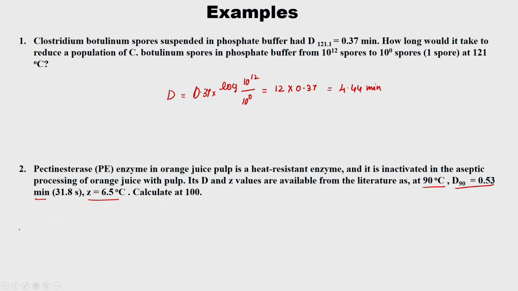Yesterday, in one of the problems, we used the formula log D upon D naught, which is equivalent to T minus T naught upon Z. So, this gives me D equal to D naught 10 to the power of T naught minus T upon Z. So, I am supposed to calculate it at 90.